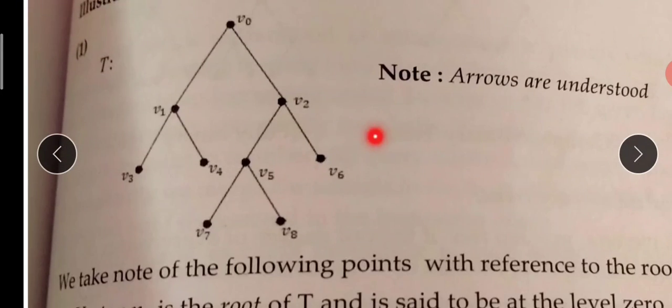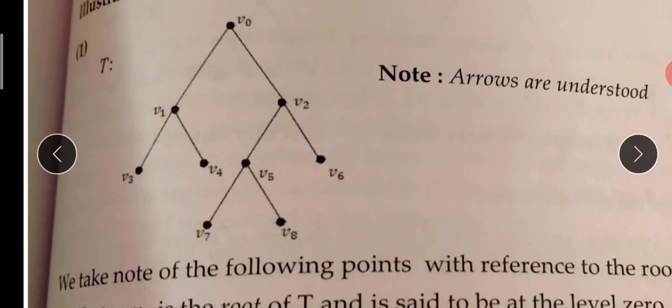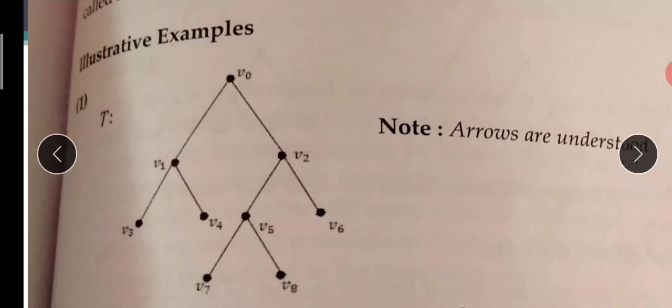Observe this with examples. We note the following points with reference to vertex V0. Carefully observe that. Take two seconds and observe. What are the points you are seeing in that example? Observe that very clearly. First thing is V0 is the root.